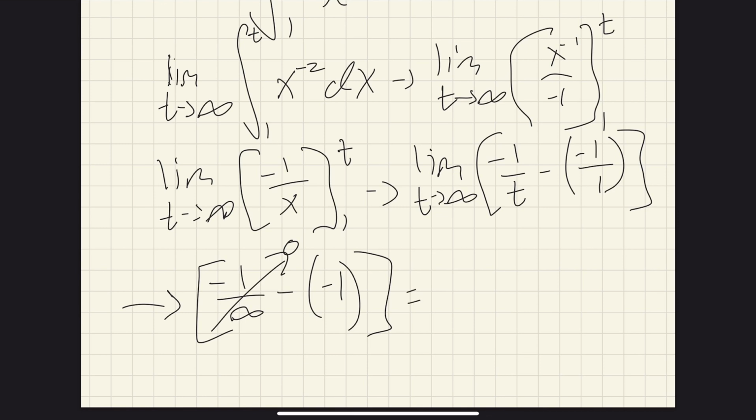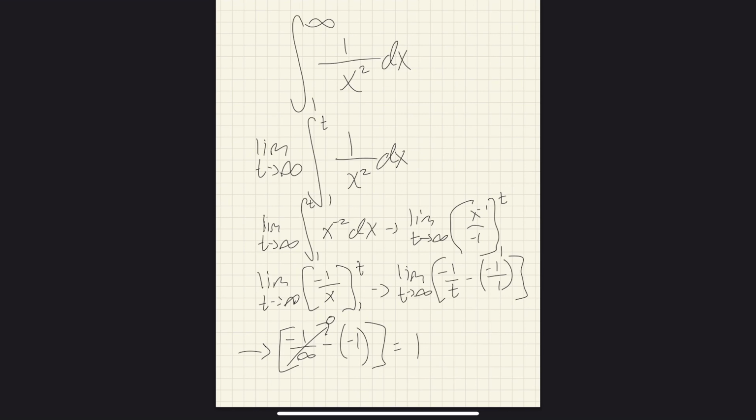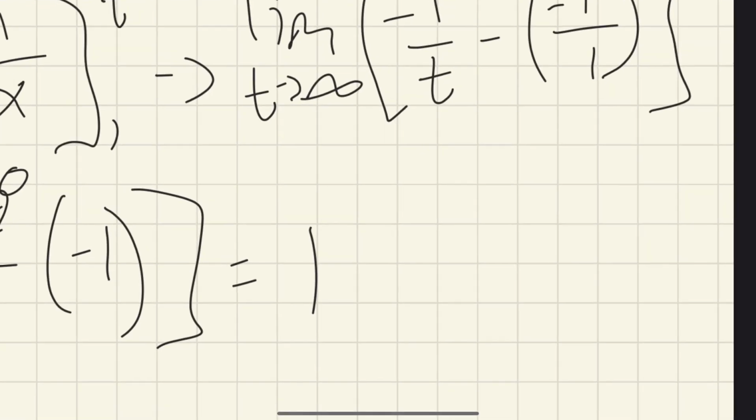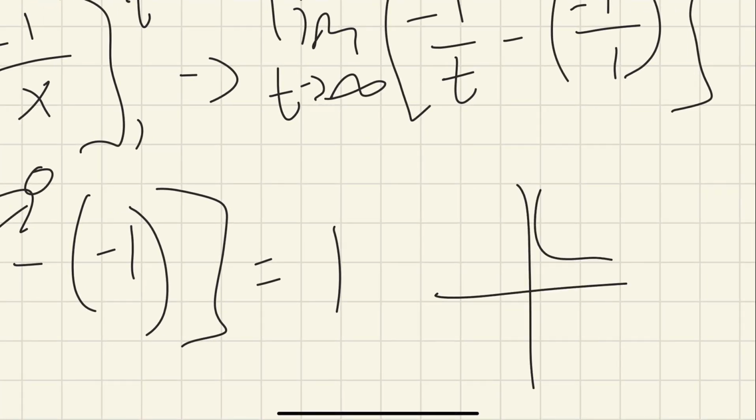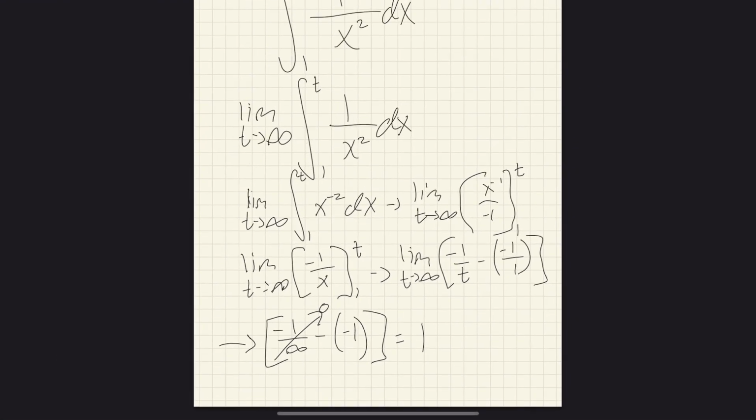So we end up with -(-1), which is just 1. So that is our answer. We've calculated the area under that curve. Again, it was cutting off at 1. So that area is equal to 1. This means that our integral was convergent because we got an answer.